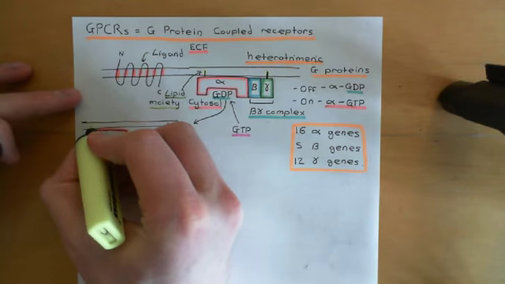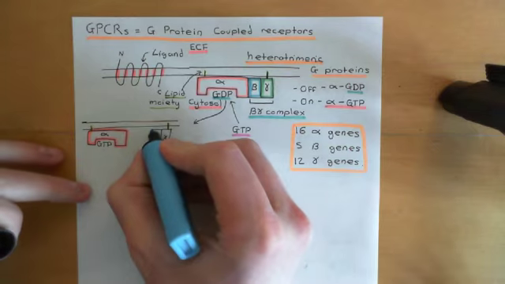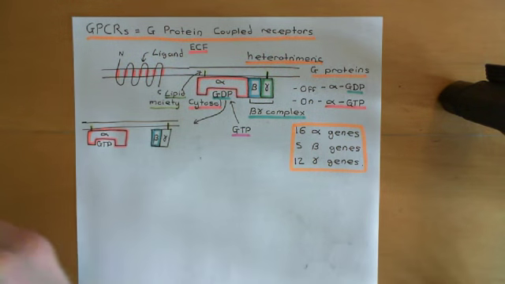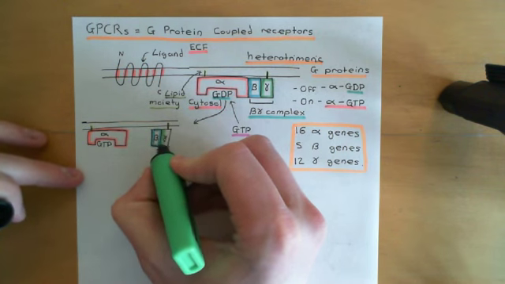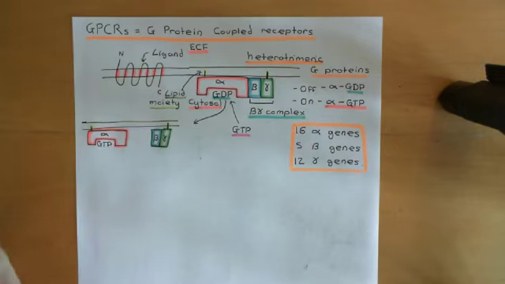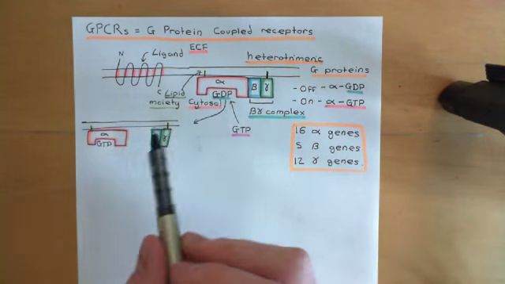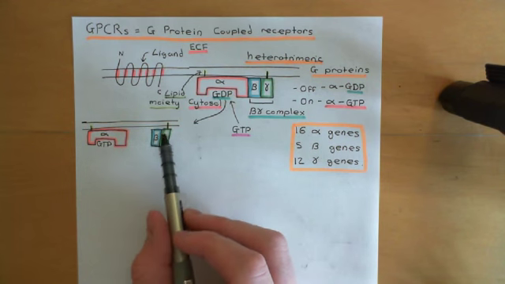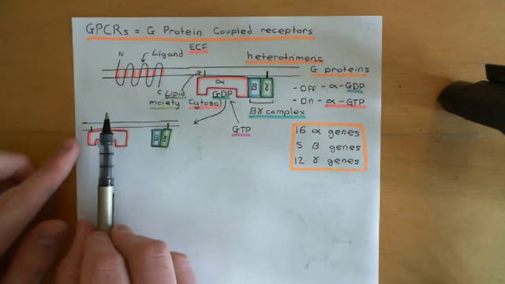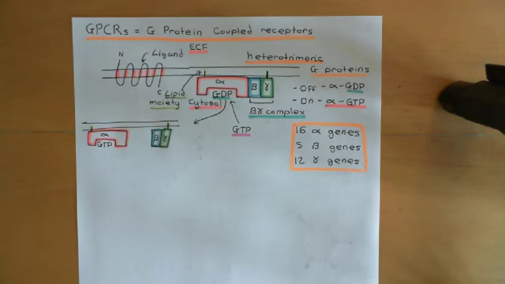I'll colour in the lipid moieties here in yellow. Here's the beta subunit in blue, and here's the gamma subunit in green. Basically, the G protein coupled receptor catalyzes the conversion of the off-state heterotrimeric G protein to the on-state heterotrimeric G protein. Now both of these molecules, the alpha subunit with GTP bound and the beta-gamma complex, can go off and have signaling roles.